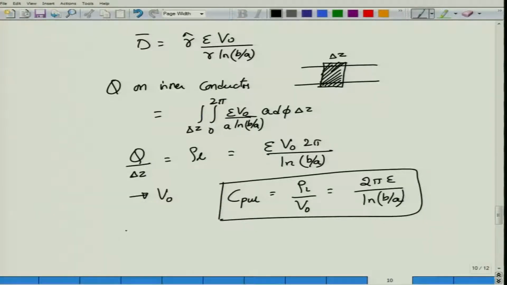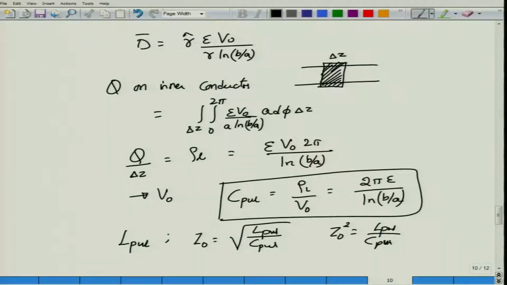Now, you might ask, how about the inductance per unit length? Why am I interested in inductance per unit length? Because I know that for a coaxial cable the characteristic impedance Z0 can be given by the square root of inductance per length divided by capacitance per length, and there are ways of actually measuring Z naught. So I can first square this, so I get Z0 square equal to L PUL by C PUL, and I know how to measure the left hand quantity Z naught square.